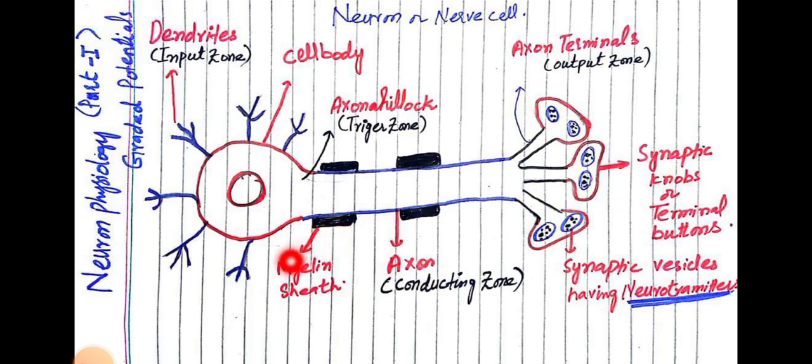In the central nervous system, this lipid covering is formed by oligodendrocytes, and in the peripheral nervous system this sheath of lipid is secreted by Schwann cells. These little branches around the cell body are dendrites. These are the input zones.